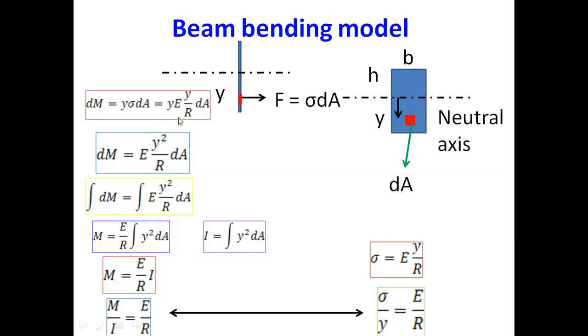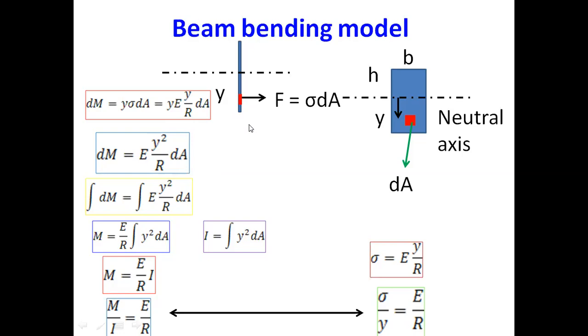So dM, the small moment because of the small force on small area dA, would be equal to E y square by R dA. This is the moment because of this small force on this small area dA.